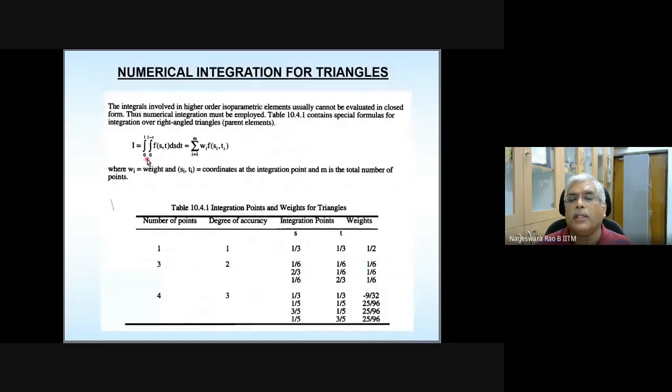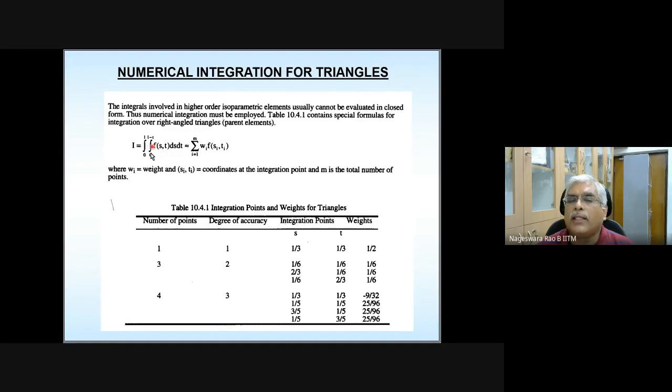Here, the limits of integration for integrating over a right angle triangle, where s-axis goes from 0 to 1, t-axis goes from 0 to 1, are going to be 0 to 1 minus t, 0 to 1. So please see whether this is convincing or not. Otherwise, I can give you additional explanation if it is not clear to you. Okay, you please check this one.